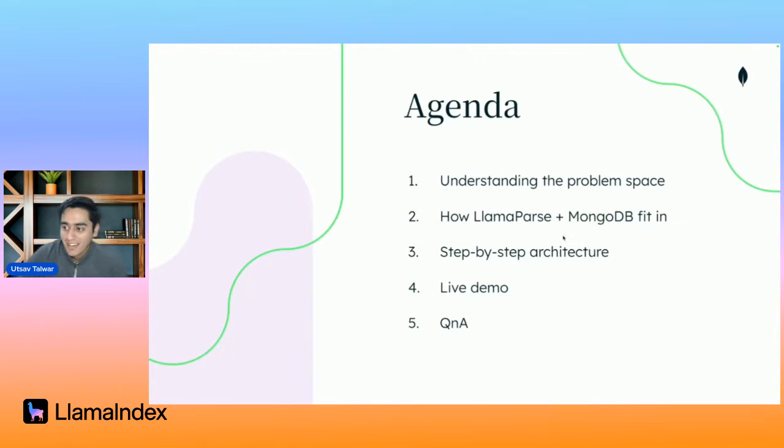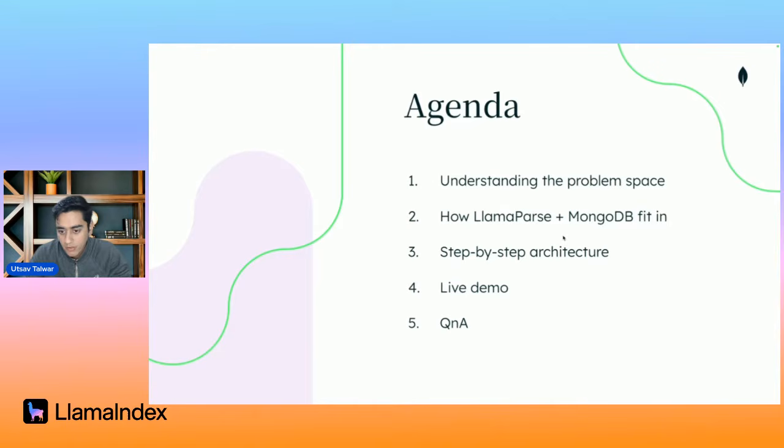So that's the agenda for today. I just wanted to highlight what you will be getting out of this session. So we'll try to understand the problem space first. We'll try to understand what was the issue that we were facing and why we tried to build out this complete pipeline. Secondly, we'll talk about how LlamaParse and MongoDB will fit in together and how they're working together as a team.